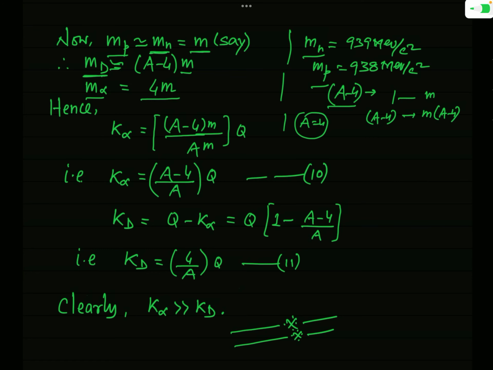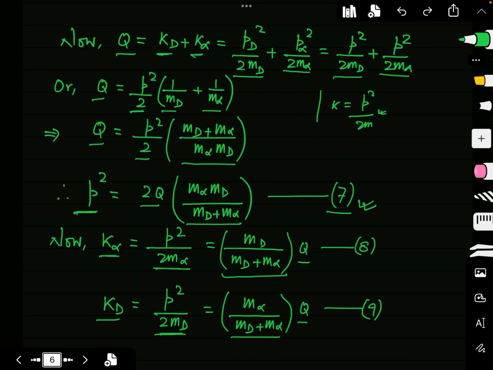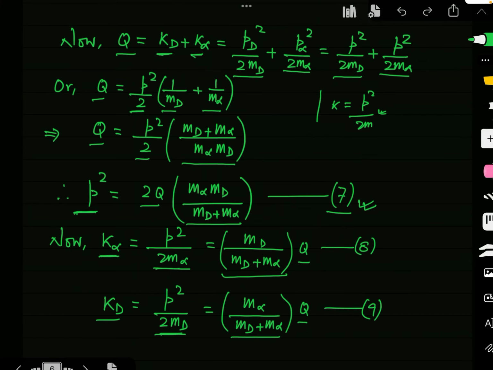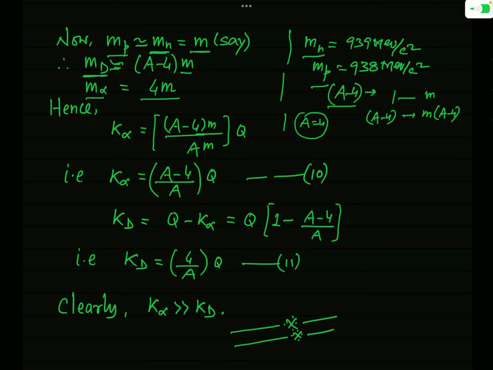So now you can put the values of m_d and m_alpha in equations 8 and 9, and then you will get K_alpha and K_d in terms of the mass number. At the place of m_d we have written A minus 4 into m.